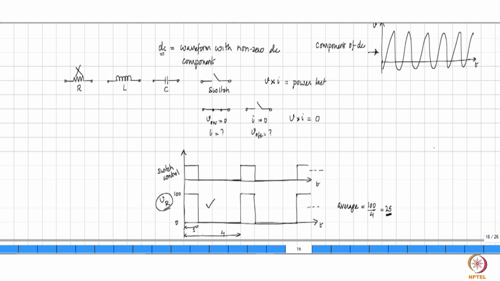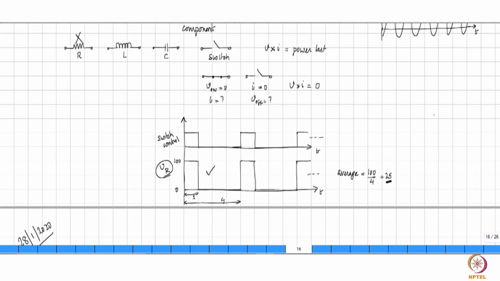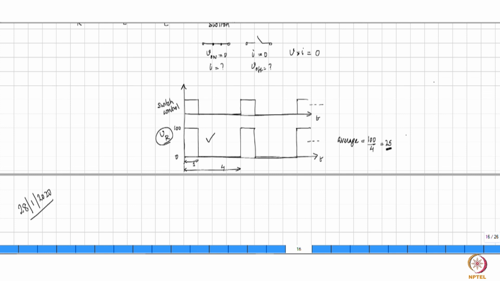So now the question is, if you are going to do this, then it means that if you plot the current through the resistance, how much flow of current is there with respect to time, then that is also going to look like this, and this waveform is not acceptable.